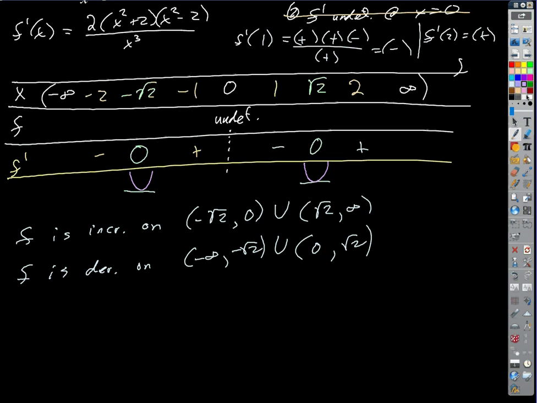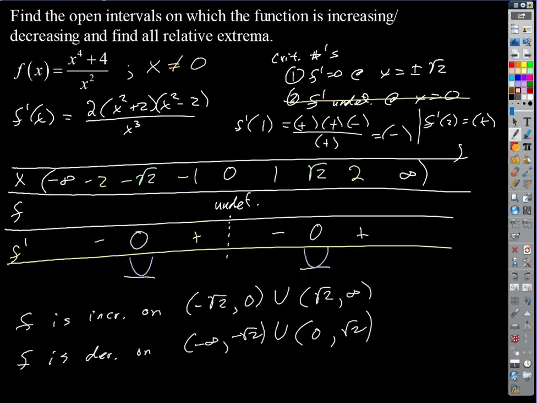So let's add just a couple other little helpful anchoring points on the function. What if I plug in negative the square root of 2 into my function? Well, I could evaluate that. Negative the square root of 2 to the fourth power is just squared, right? So that's negative the square root of 2 squared is 2, squared is 4.